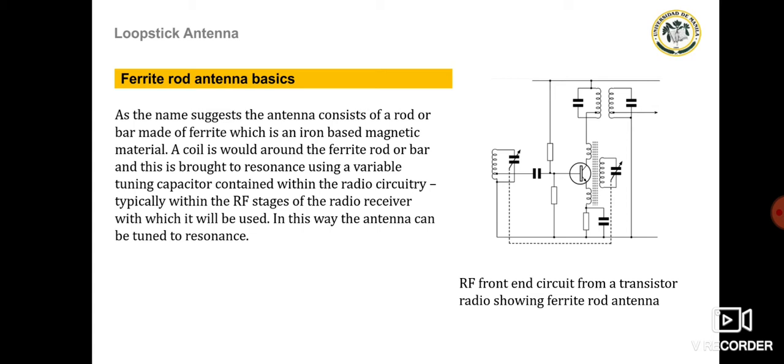In this diagram, the ferrite rod antenna is seen as the inductor and core at the input, left-hand side of the circuit. The signal is passed from this into the transistor, which acts as an RF amplifier, mixer, and also an oscillator.